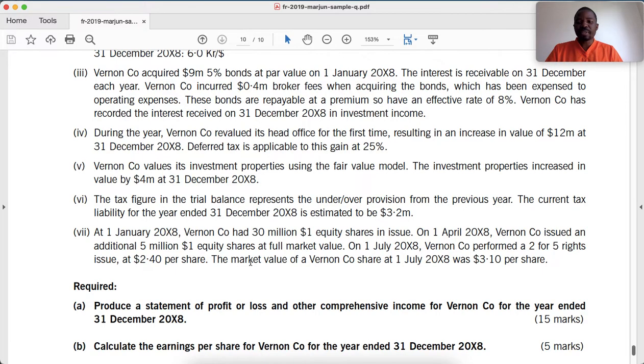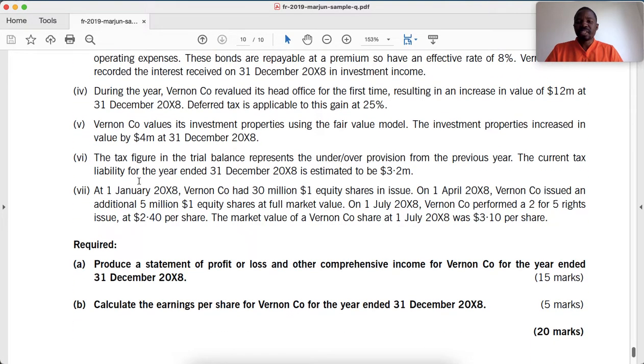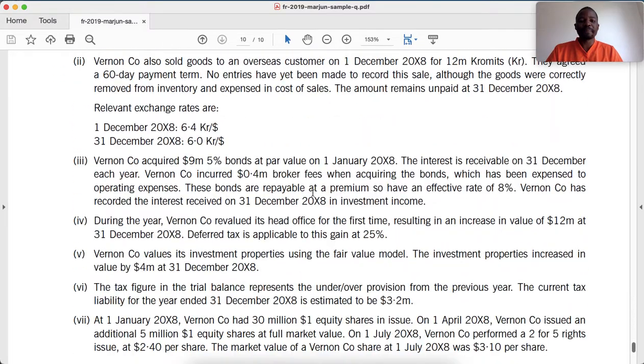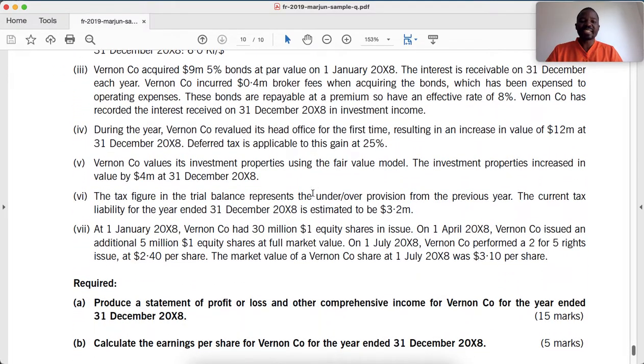Now, let's go back to the question. Note number 6. The tax figure in the trial balance represents the under or over provision from the previous year. We have already dealt with this 130 as an under provision. That will be an expense in 20x8. The current tax liability for the year ended 31 December 20x8 is estimated to be 3.2 million.